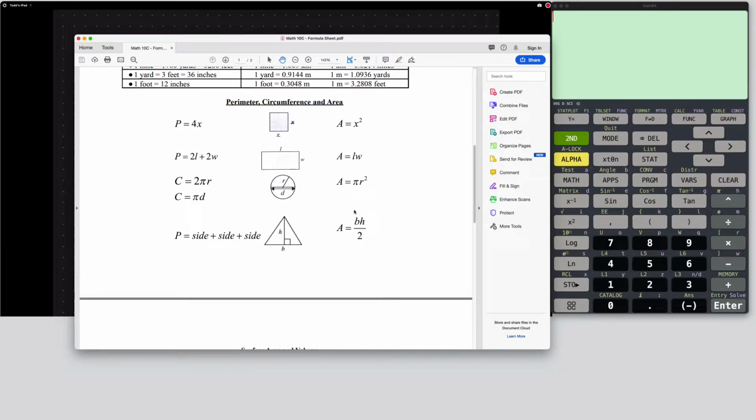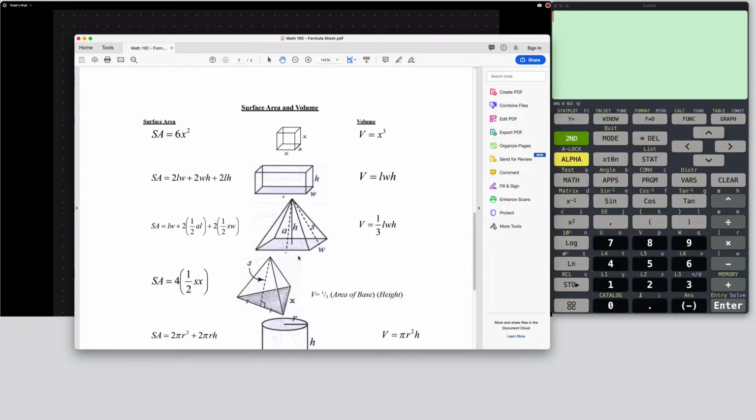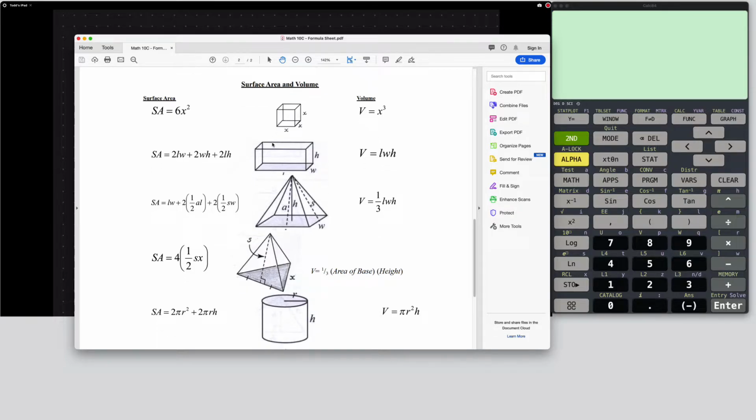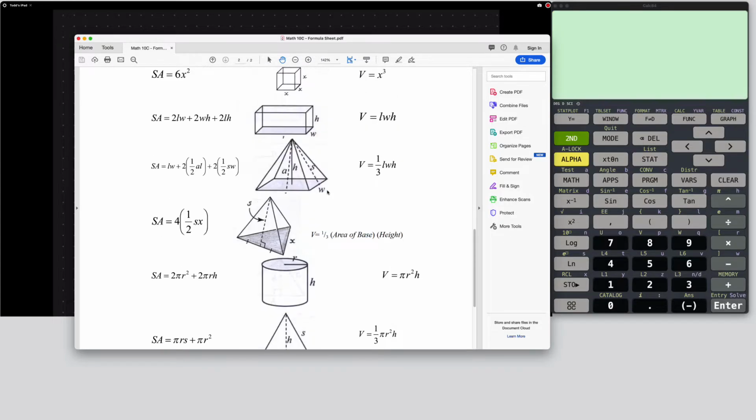And then how to figure out the area of a triangle. So base times height divided by 2. And then we've got the surface area and volume of specific shapes, and you'll use this to calculate any shapes that are on the test.